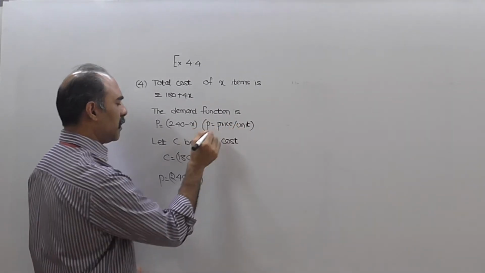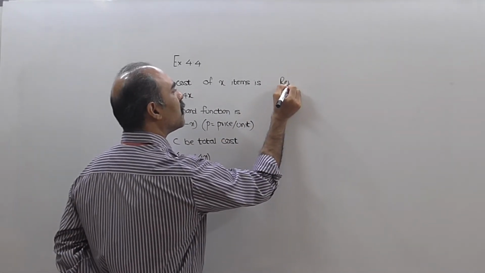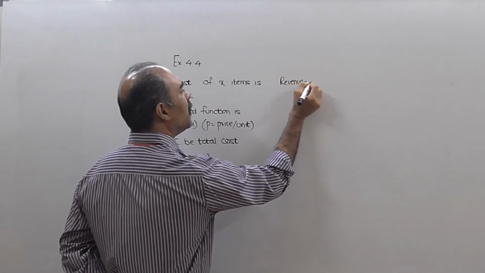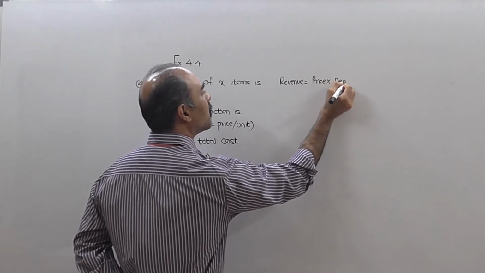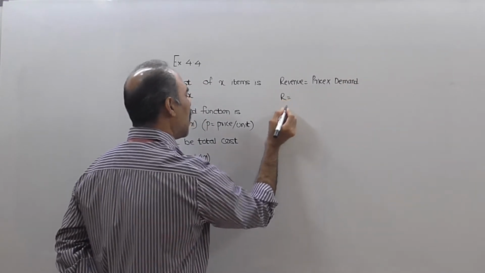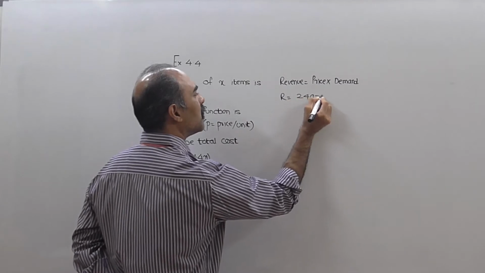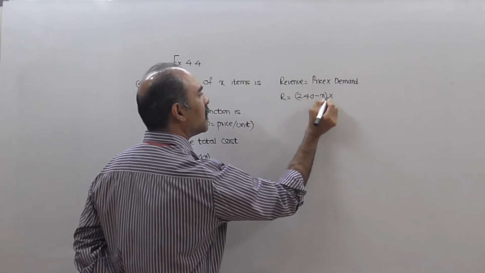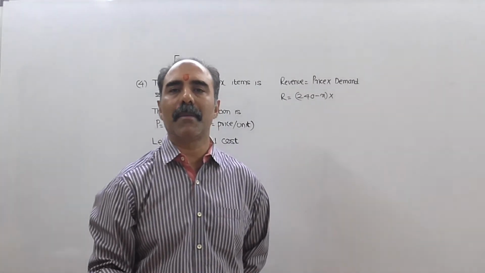So there is a formula for revenue. Revenue is defined as price into demand. So R equal to P, which is 240 minus x. And demand means, what do you demand? You demand units, you demand commodity.